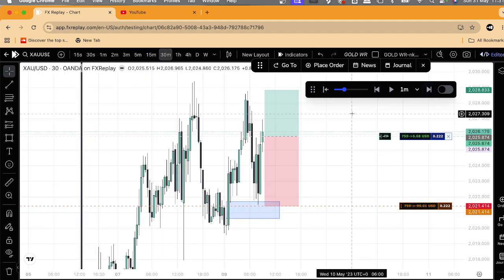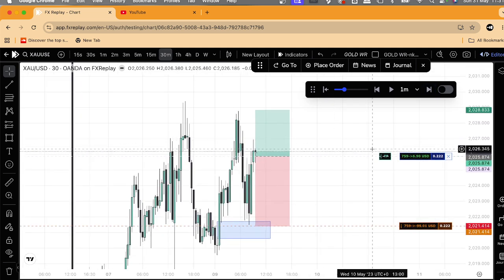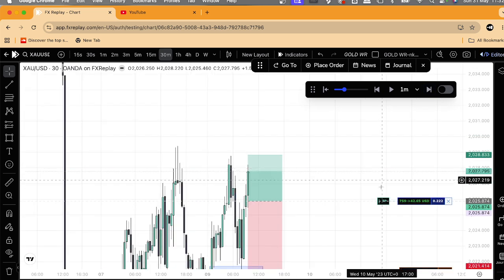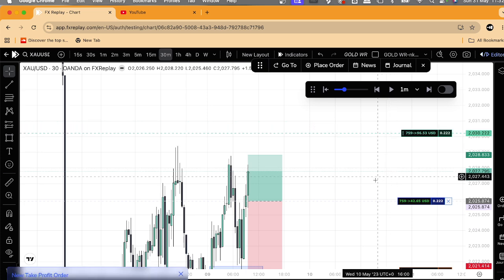It's like the right balance between coming back and getting a good price versus not letting them run away without you. So then it was just a matter of waiting for it to play out, setting the TP for 1-to-1, which was like there, I think.